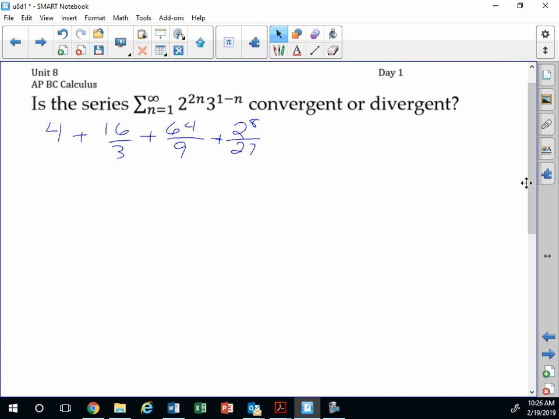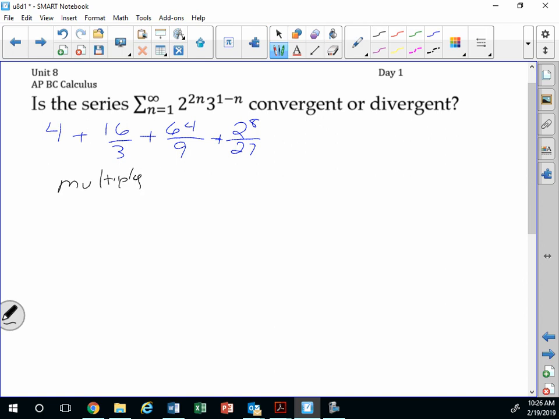Totally agree with this. Does anybody see a pattern here? That would mean, ladies and gentlemen, that r is 4 over 3. Could you write that as summation notation then?